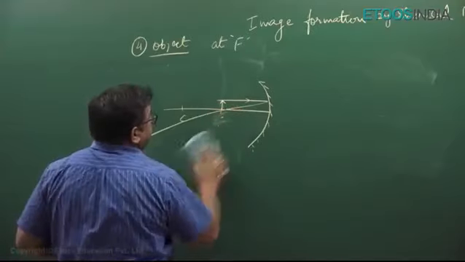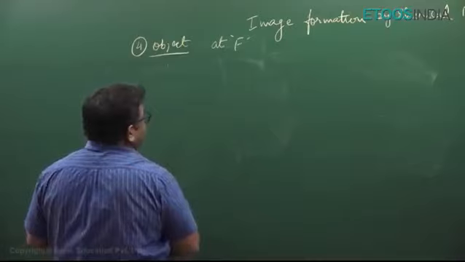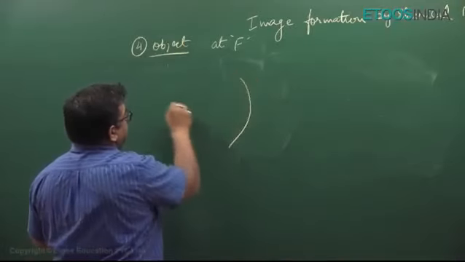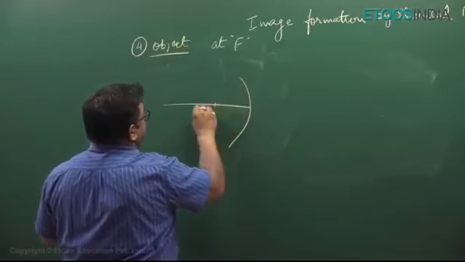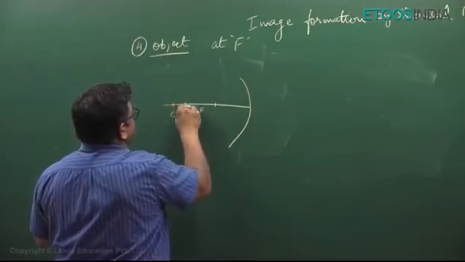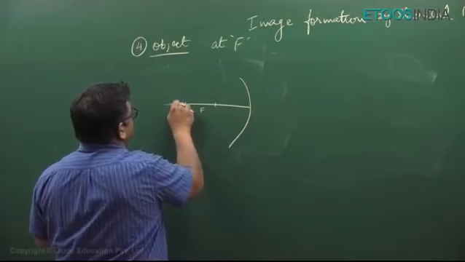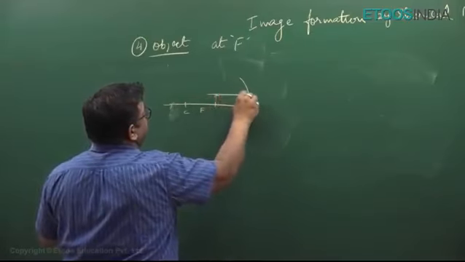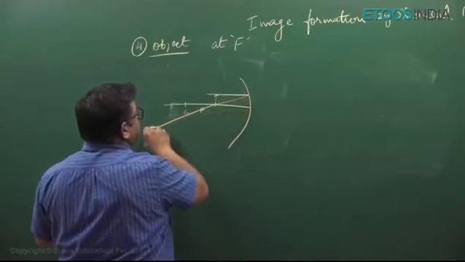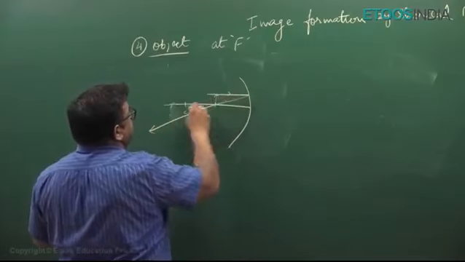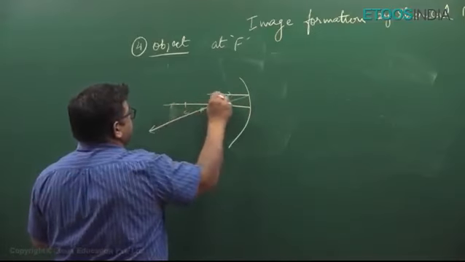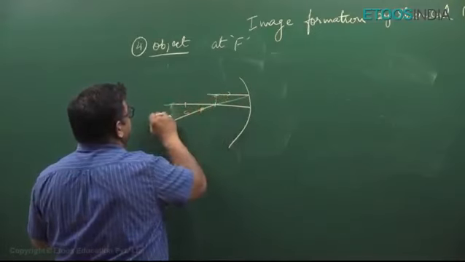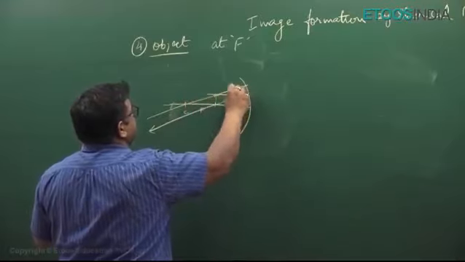Sorry, the object is placed at focus, one ray will go here and it will pass through focus like this. Another ray will pass through the center of curvature touching the image.